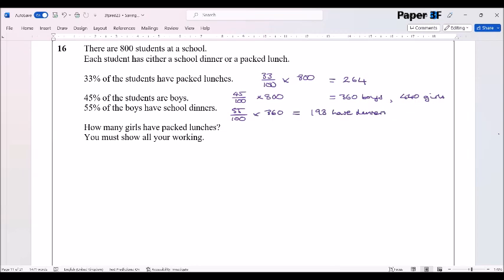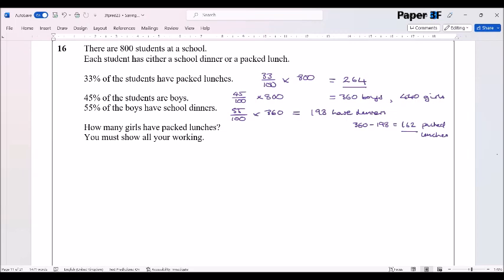And we know that they either have a school dinner or a packed lunch. So we're just going to do 360 minus 198, which is equal to 162. So 162 are packed lunches. How many girls have packed lunches? Well, we know that the number of packed lunches was 264.